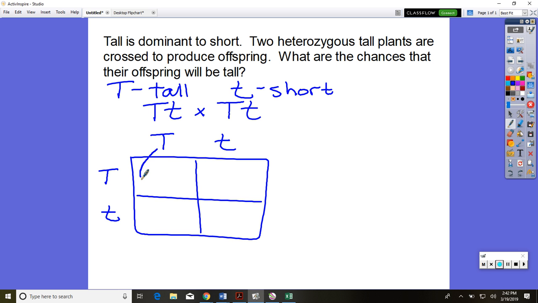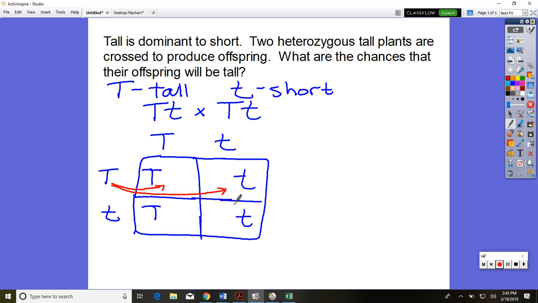So the capital T will be pulled into both of these boxes here. The same thing will happen with the lowercase t. It will be pulled in both of these boxes, and it will be placed on the second half of the box because we like the capital letter to be first. The next step is to bring the letters into the boxes from the left-hand side.